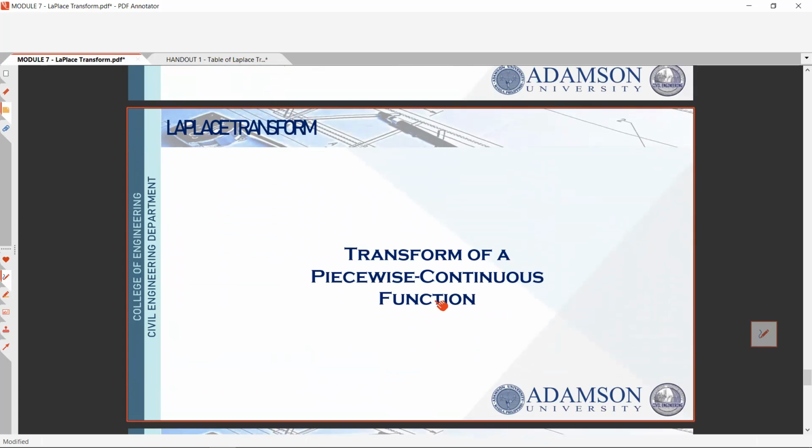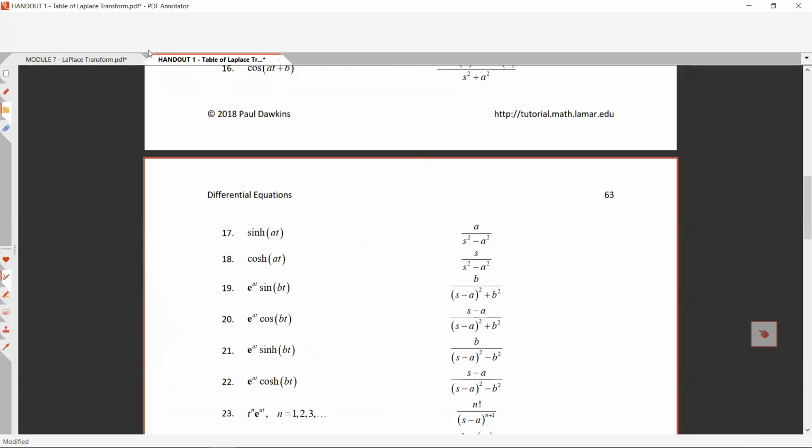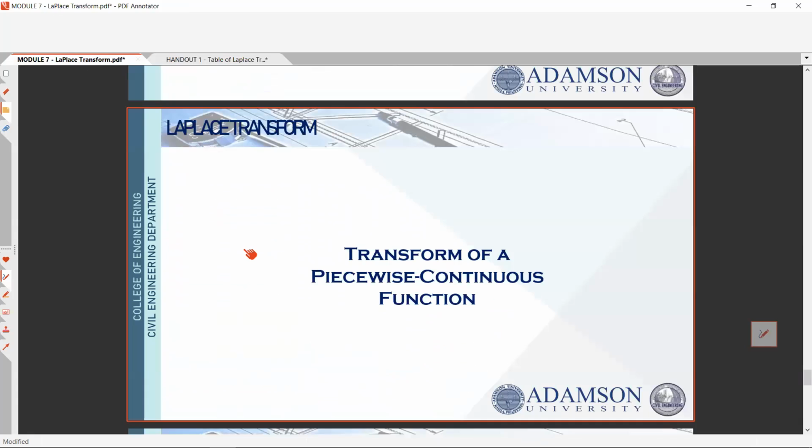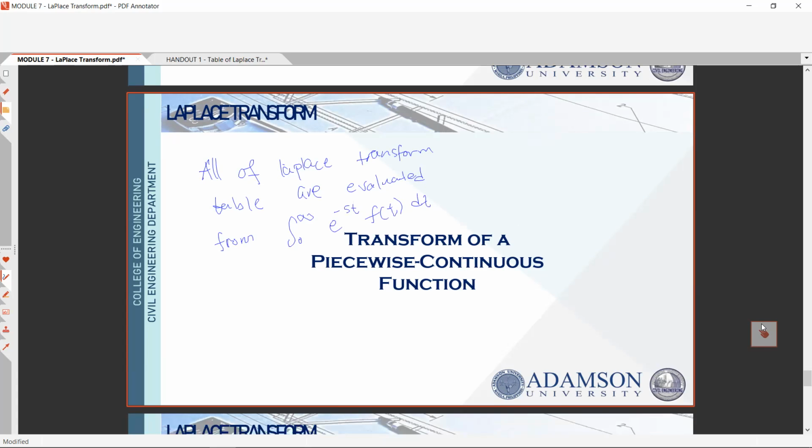Okay, hindi mo na pwedeng gamitin yung table na to. Bakit? Kasi yung table na yan, lahat yan ang galing sa evaluation from 0 to infinity. Lahat yan, okay, take note, all of Laplace transform table are evaluated from the equation ito, integral from 0 to infinity e raised to negative st f of t dt. However, kapag piecewise function, nagbabago yung boundary mo.